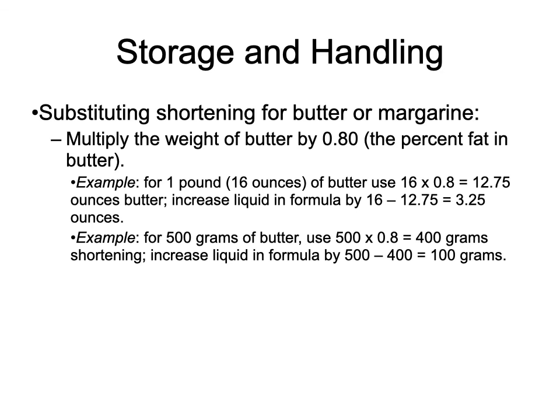We're going to go into the lab next, and when we go into the lab, we're going to be experimenting with pie dough. We're not going to be filling the pie dough with anything. We're just going to be making the dough itself and baking it off and looking at how different fats affect pie dough.